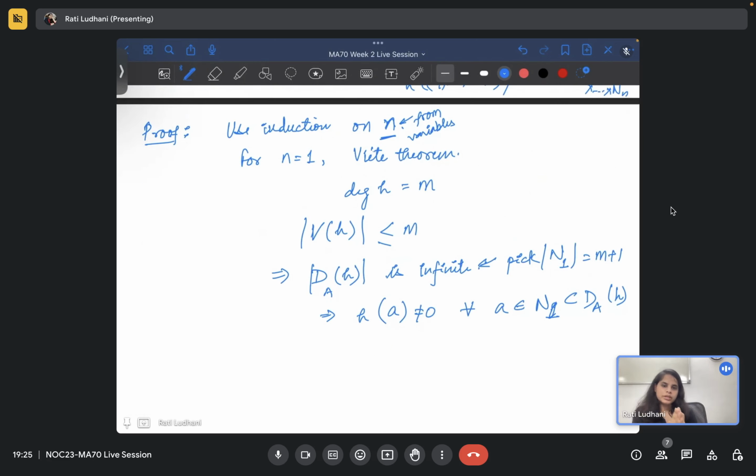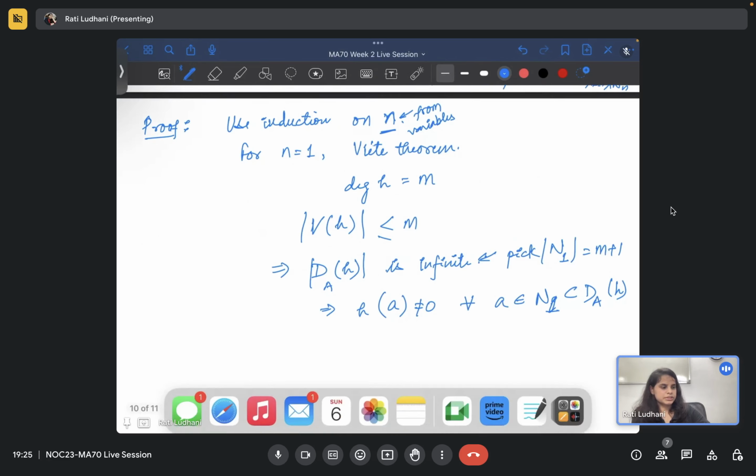So we have proved that when n is equal to 1, we have a big enough set where h is non-zero. I hope this is clear.